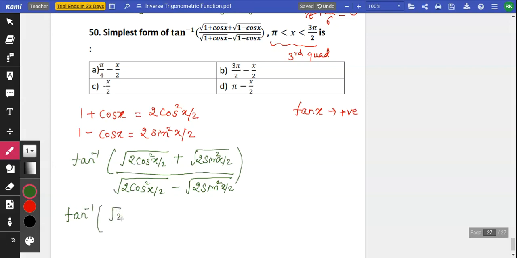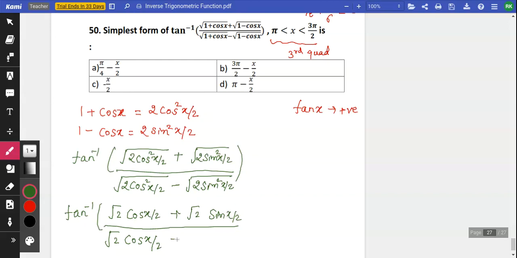Basically, after taking the square root, it becomes cos x upon 2 plus square root of 2 sine x upon 2, upon square root of 2 cos x upon 2 minus square root of 2 sine x upon 2.